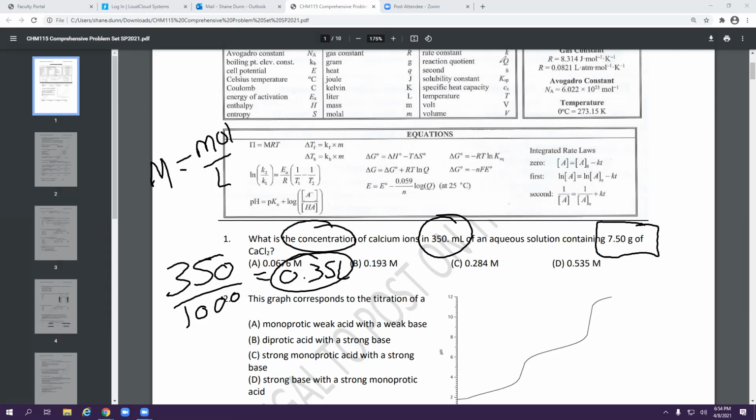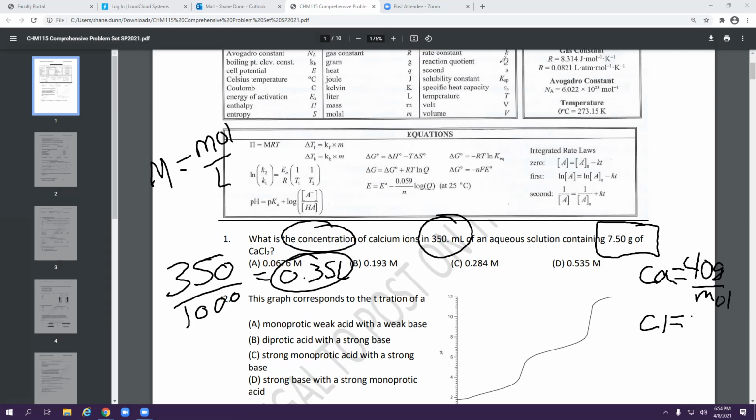This is something you guys have not done since Chem 113. I have grams. I want to go to moles. How do I go from grams to moles? Molar mass. Where does molar mass come from? The periodic table of elements. Yeah, I know. Things come back from 113. So calcium weighs roughly 40 grams per mole.